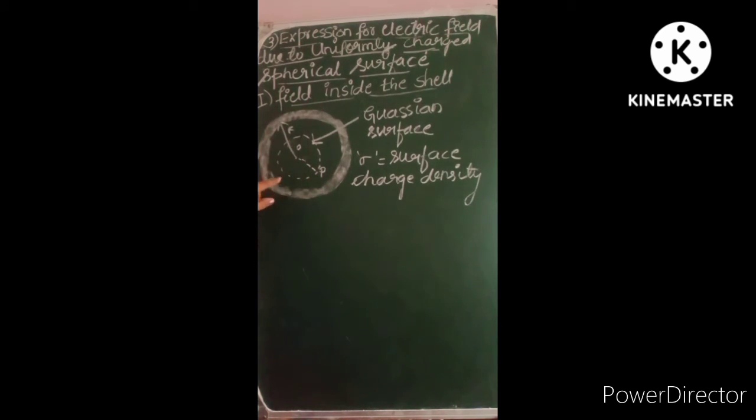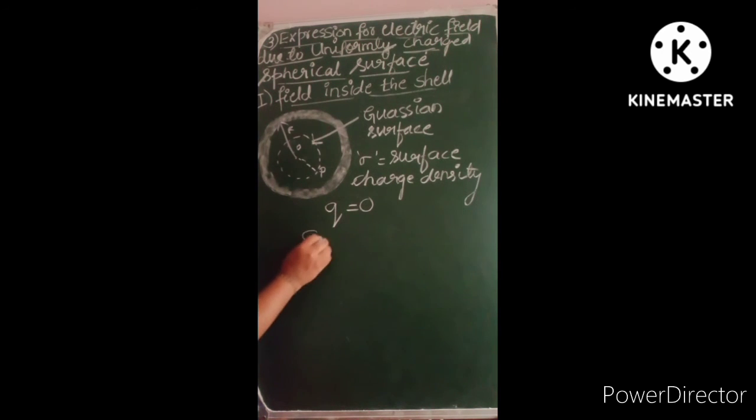Since the charges are present only on the surface, and no charges are enclosed by the Gaussian surface, therefore the charge enclosed by the Gaussian surface is 0.